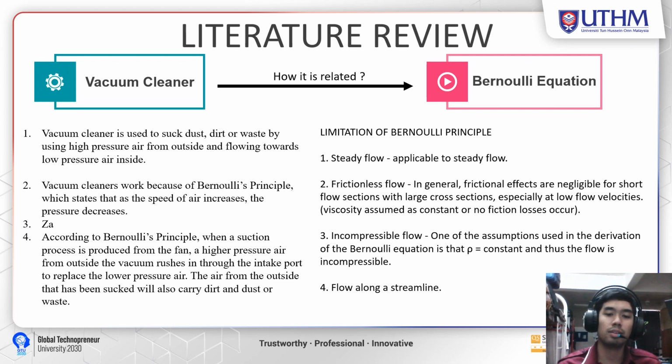And then we have incompressible flow, which is one of the assumptions used in the derivation of the Bernoulli equation, that rho is equal to constant, which makes the flow incompressible. And lastly, we have flow along a streamline. In our project, all of these limitations are included. So that's all for the literature review.